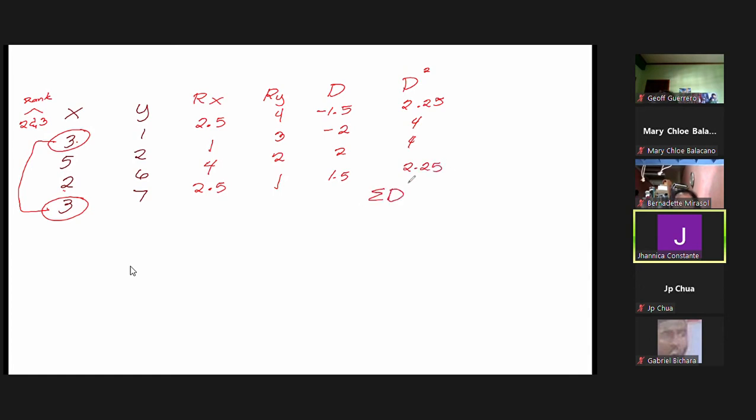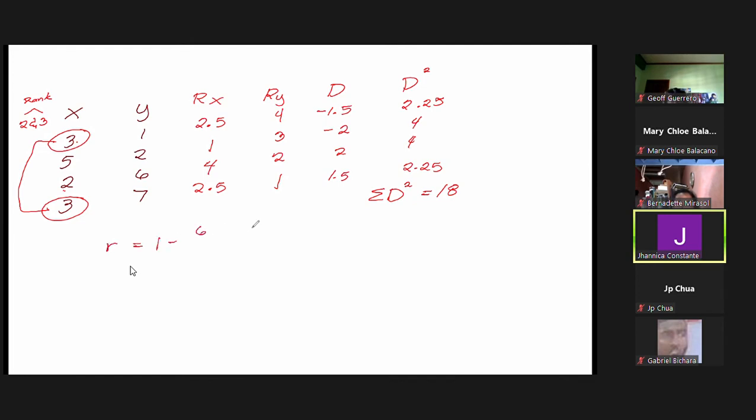Summation of the differences between the set of X and Y. So 2.25 plus 8, which is equal to 18. So that is the summation of our differences.